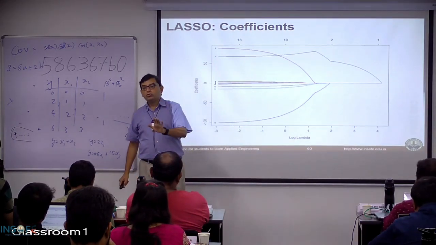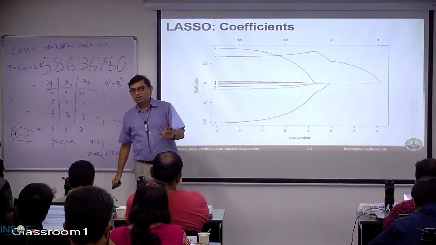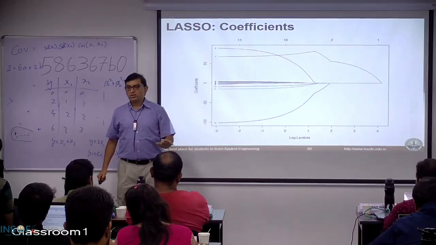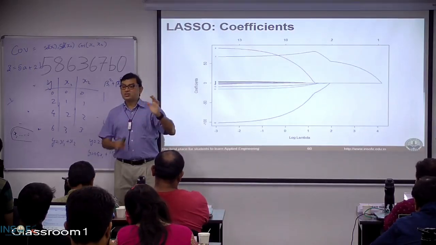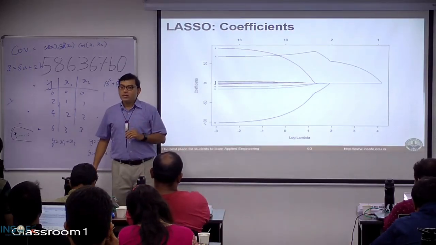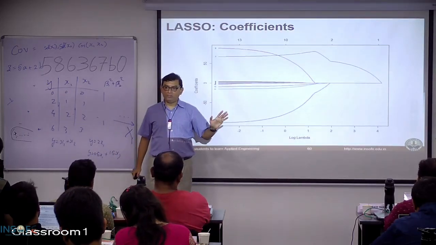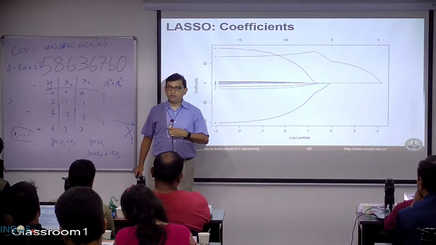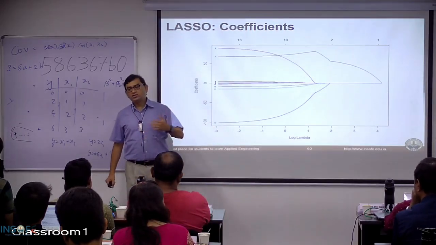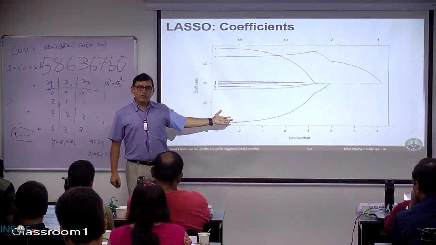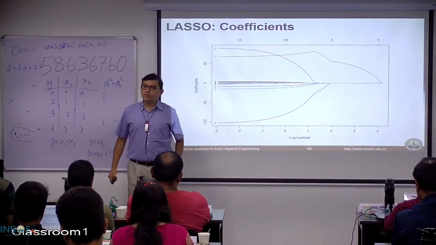Both of them have their strengths, both of them have places where they are used. There is no universal answer of this is the best method, this one won't work. In the case of my example, PCA works very well, so that's what I use. In other examples, people use regularization more frequently.